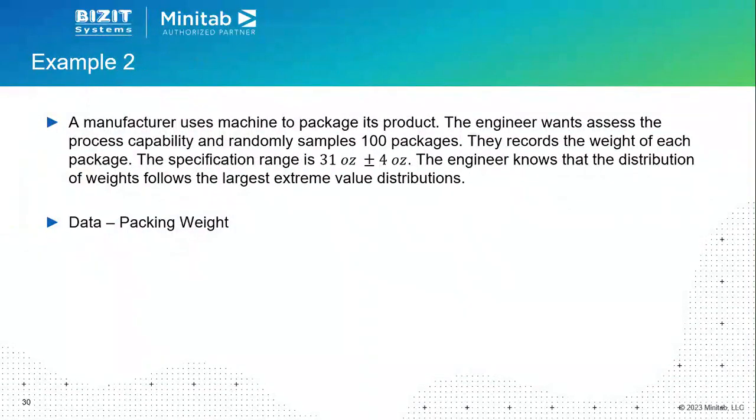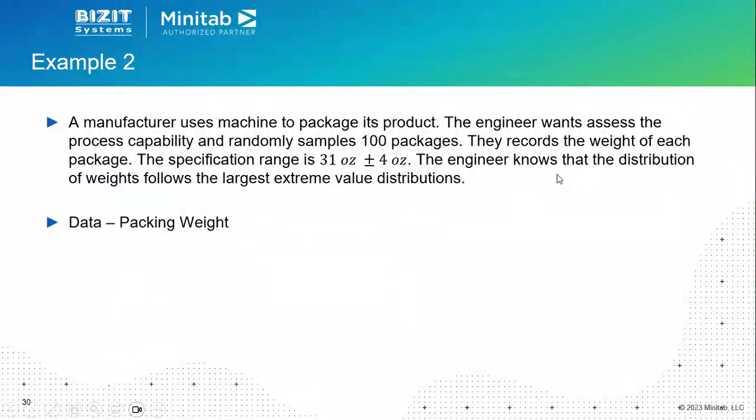Now we have the second case study here. Maybe you will face this situation. The engineer wants to assess the capability and randomly samples 100 packages. They record the weight. Now the weight, unlike the diameter just now, is continuous data, with a specification range of 31 plus or minus 4 ounces.